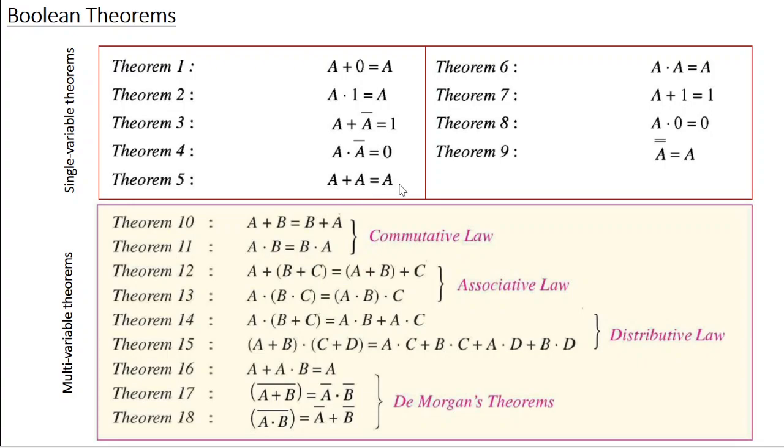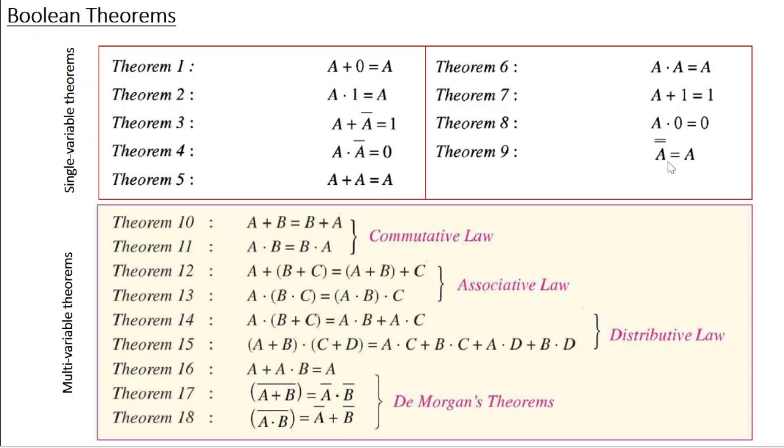A plus A equal to A. 1 plus 1 is 1, 0 plus 0 equal to 0. A dot A equal to A. 1 dot 1 is 1, 0 dot 0 is also 0. And A plus 1 equal to 1. 1 plus 1 is 1, 0 plus 1 is also 1. A dot 0 equal to 0.